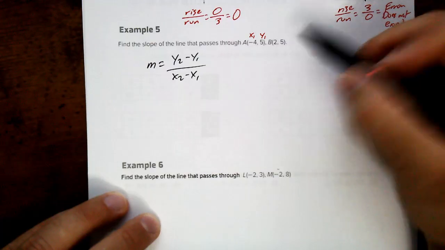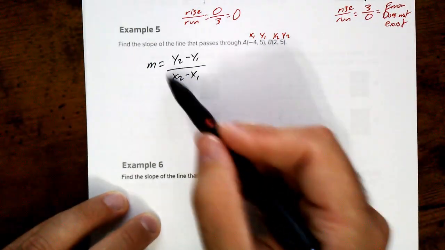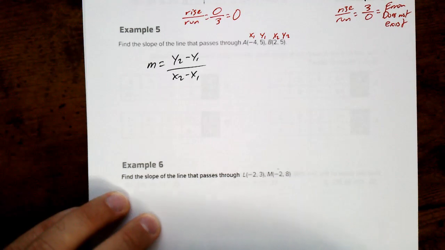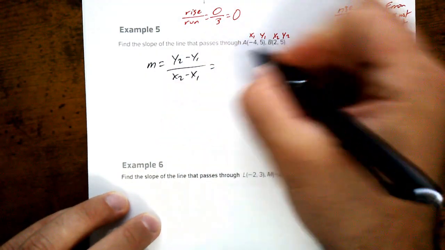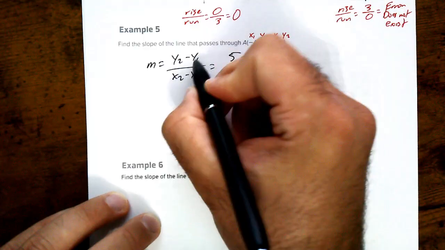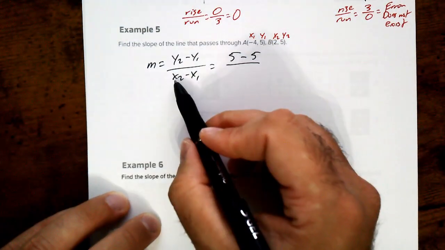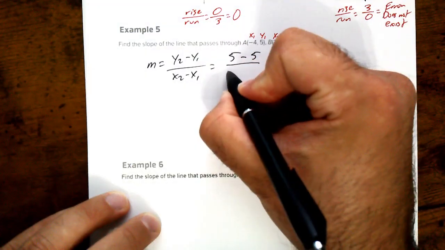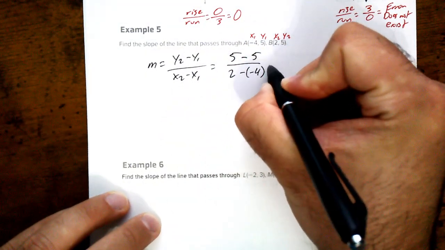This is the second point they give me, so that's my x2, y2. Fill in the boxes. There's no boxes right now, I know, but fill it in. y2 is 5 minus y1 is 5. x2 is 2 minus x1 is negative 4.